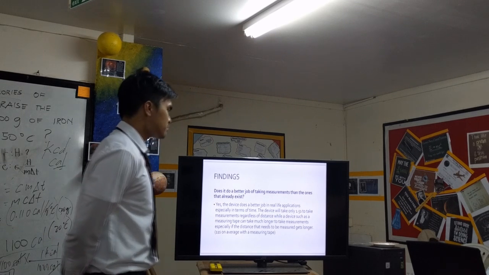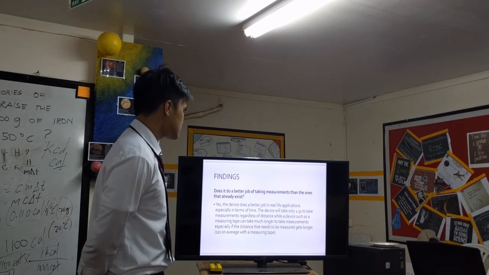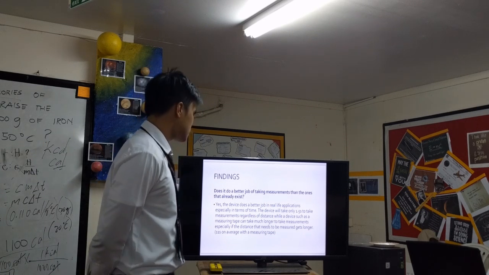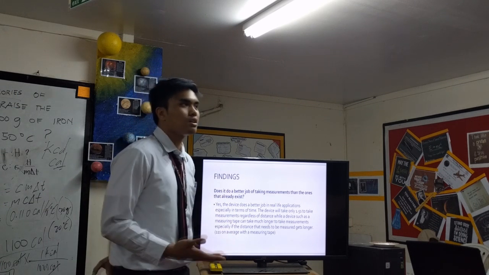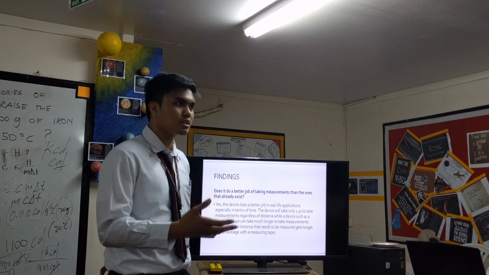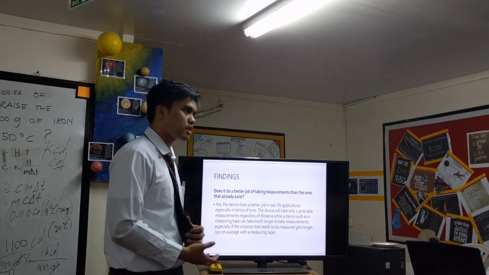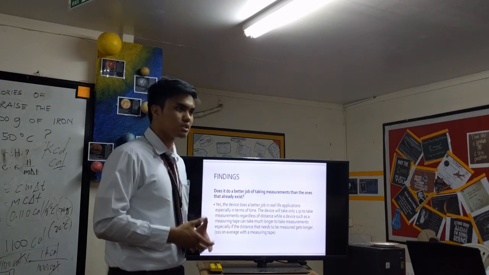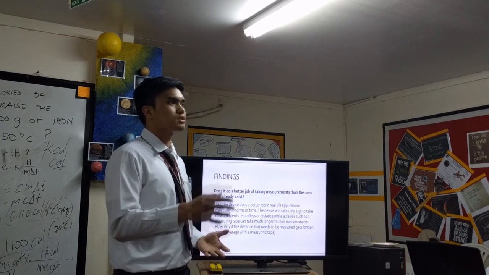Does it do a better job of taking measurements than the ones that already exist? Yes, the device does a better job in real-life applications, especially in terms of time. If you're in a hurry or you need to take a measurement in a small room quickly, you can use the ultrasonic measuring device to measure this small room without any disturbance.